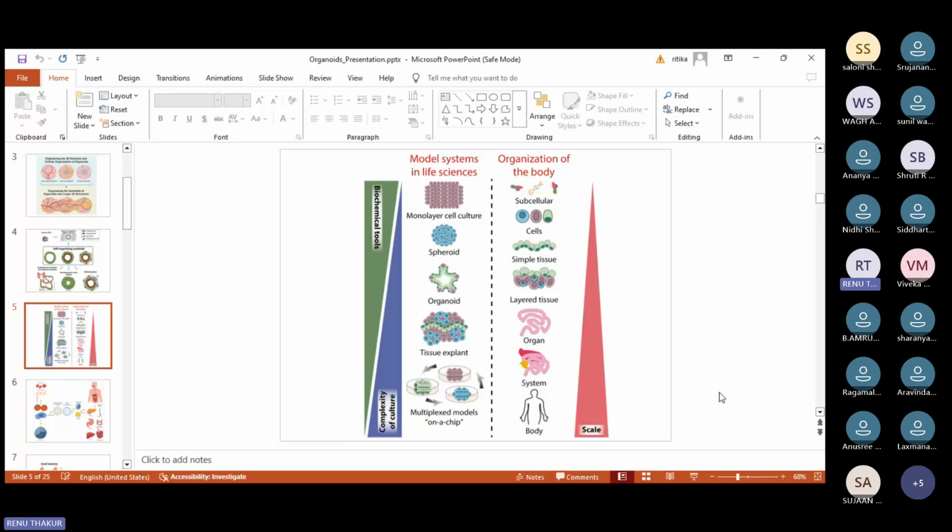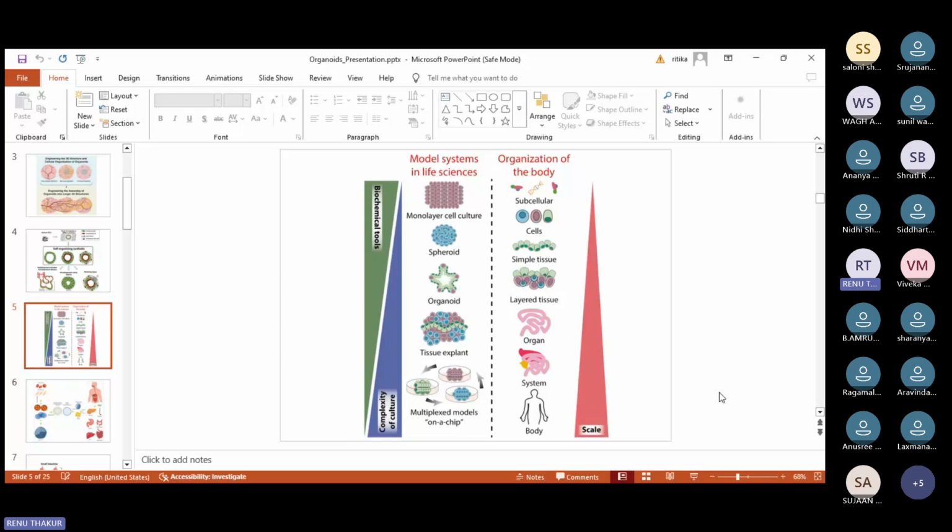So that's why 3D models are much more important as compared to the 2D structure.